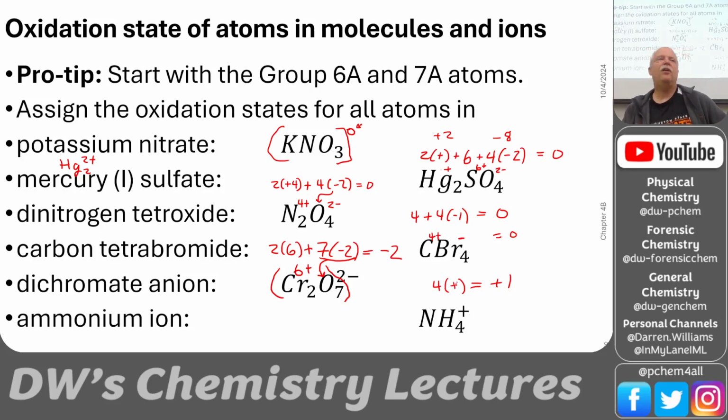So we can't cancel all 4 of those positive charges. We only have to cancel 3 of them. So we need a minus what? -3. So nitrogen's a 3-. Each of the hydrogens would have an oxidation number of +1. That all adds up to the total cation charge of +1.